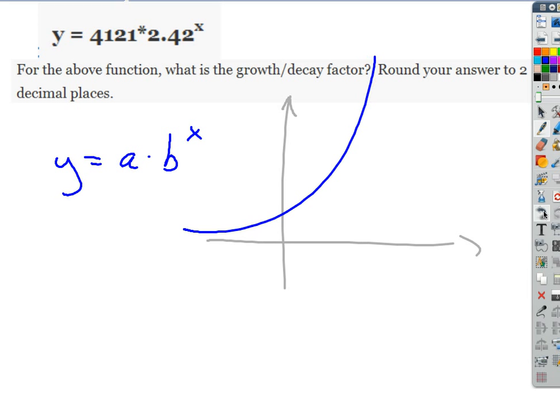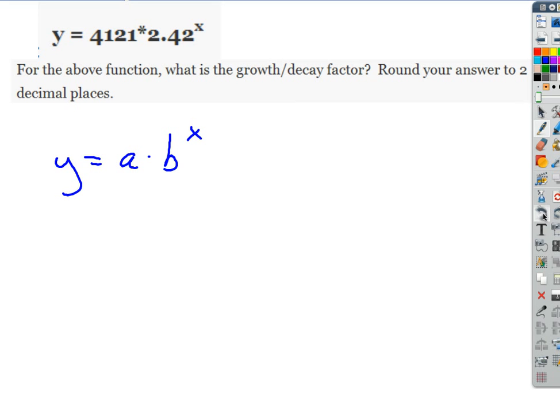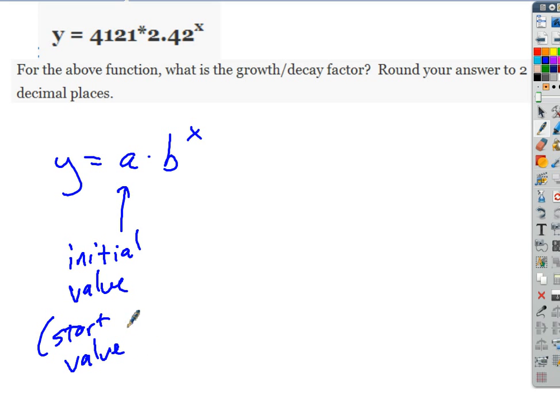Like I say, you'll look at this a lot more next year in more detail. But how do we describe that curve? Well, there are a couple of important parts of this function. This is what we might call the initial value, or sometimes the start value. That's the value that it's starting off with.